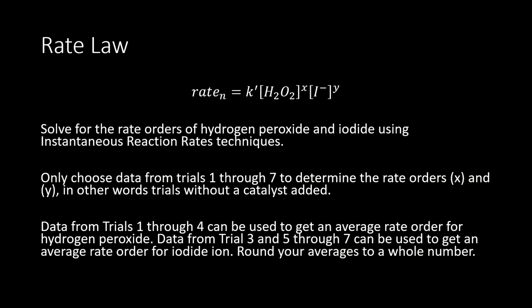But if all of your rate orders are around some similar value, take the average and then just round that to some whole number. For example, if for hydrogen peroxide all of your trials came out to be about 0.99, 0.98, 1.1, then just take the rate order as 1 for hydrogen peroxide. If the rate order you got for comparing multiple trials for iodide ends up being 1, 1, 1, and 1.3, just take the value as 1.